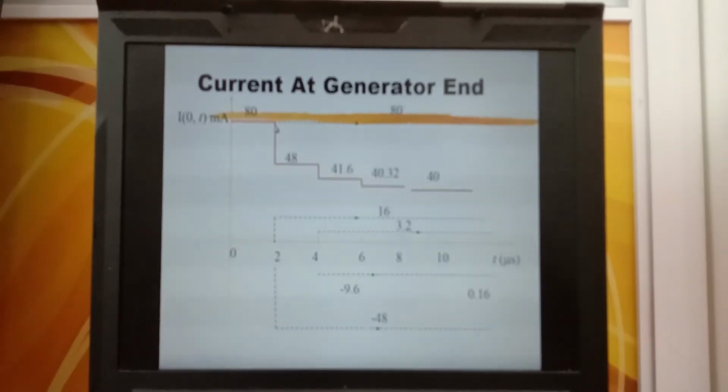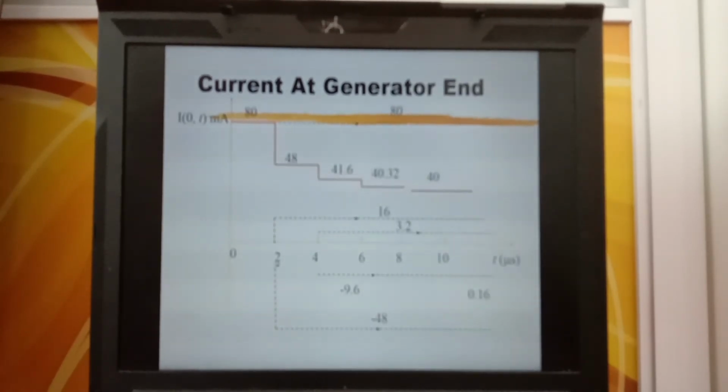At 2 microseconds, the current dropped to 48 milliamp, and then at 4 microseconds, the current dropped again to 41.6 milliamp, and so on. Finally, the steady state current stabilizes at 40 milliamp.